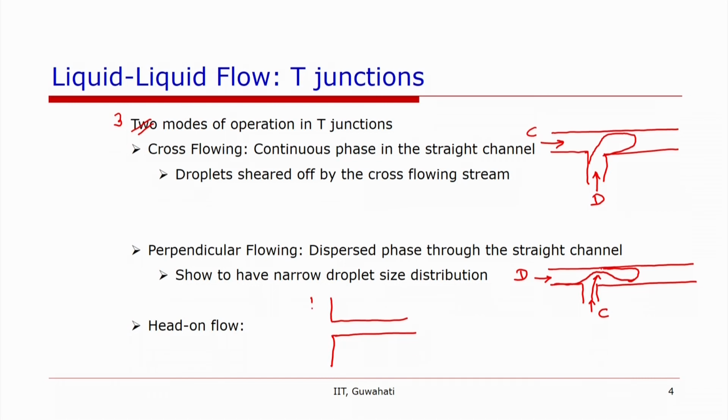The other configuration where we have a T-junction, the two liquids, continuous and dispersed phase, come from two different arms of the channel, and then they come head on. Now depending on the inertia of the two fluids, probably one of the fluids will enter earlier than the other, so this might be the case the other way around.